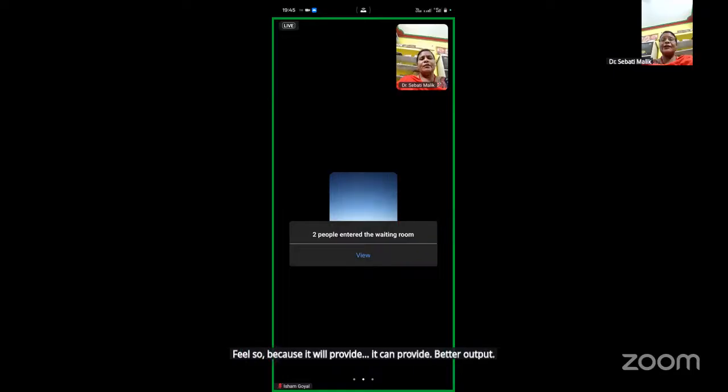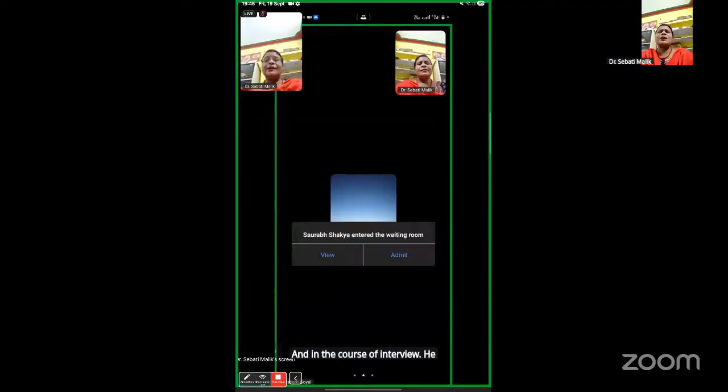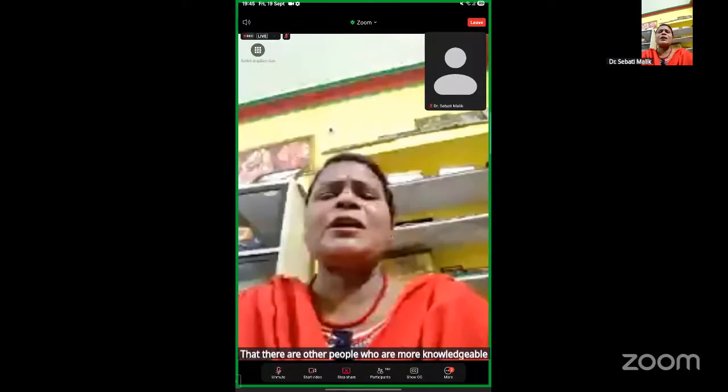In snowball sampling, new samples are added with the help of the respondents. First, the researcher locates some respondents and starts interviewing them. In the course of the interview, he comes to know from the respondents that there are other people who are more knowledgeable, or else what I did in my study.